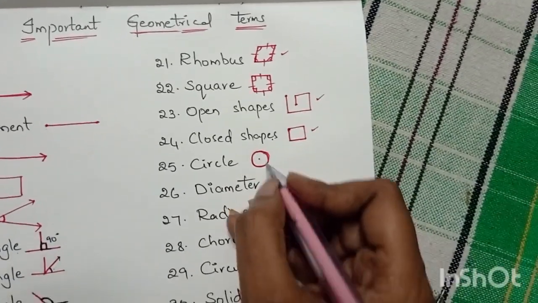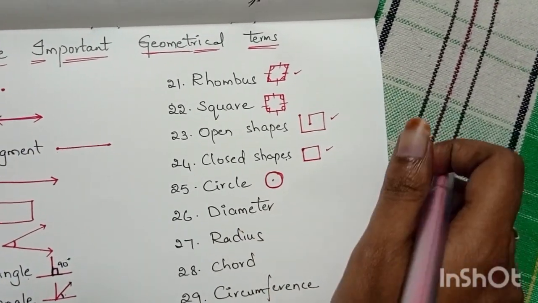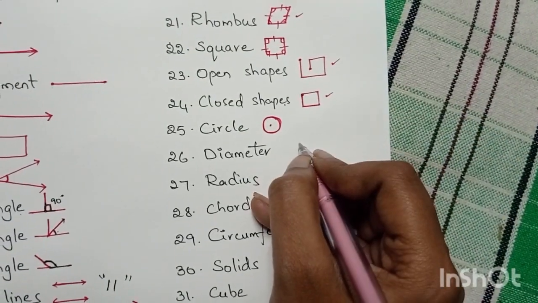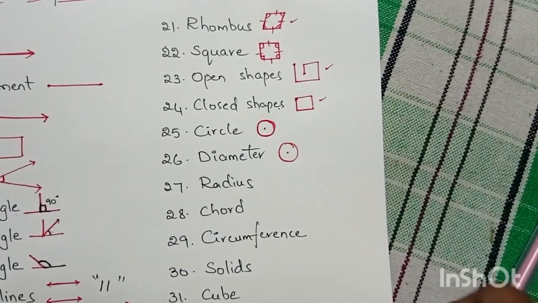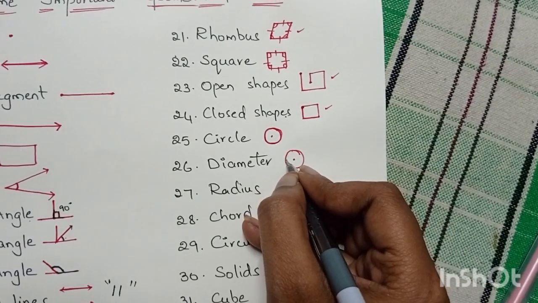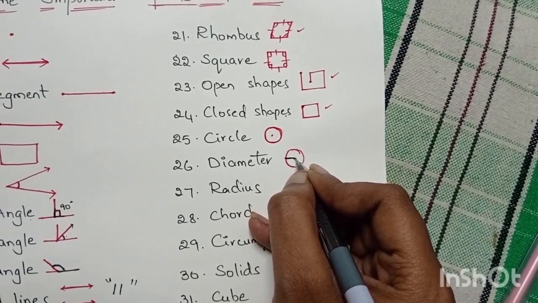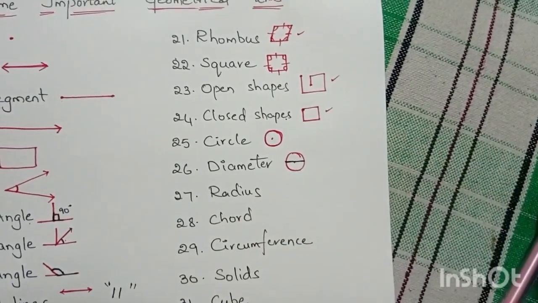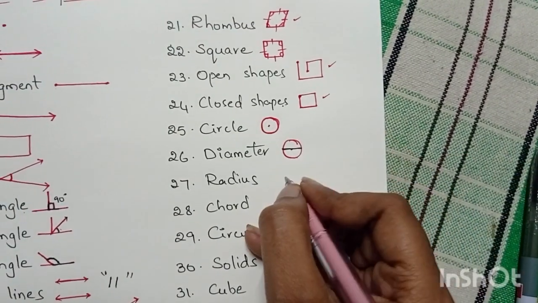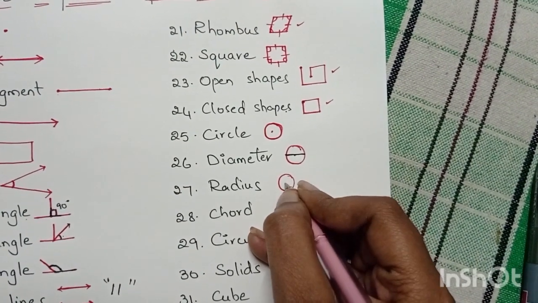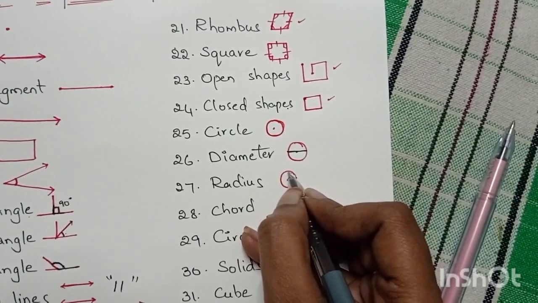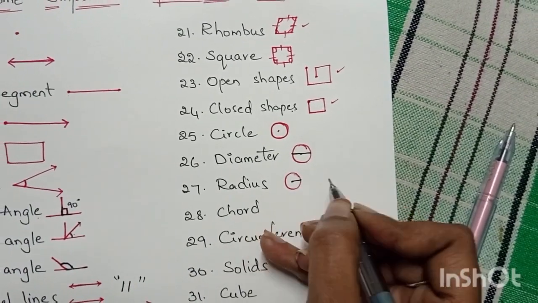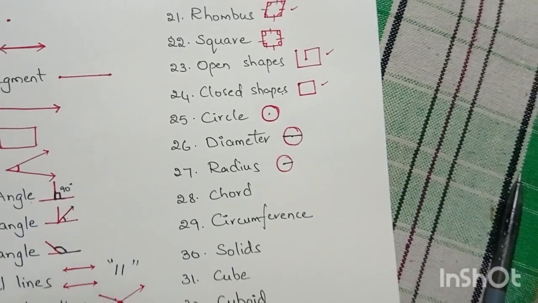This is circle. Circle will be having a center. And what is diameter? If this is the center, a line which passes through the center is called a diameter. And then if it is a circle and if it is a center, from center if we draw a line to any point anywhere on the circle, that is called radius.